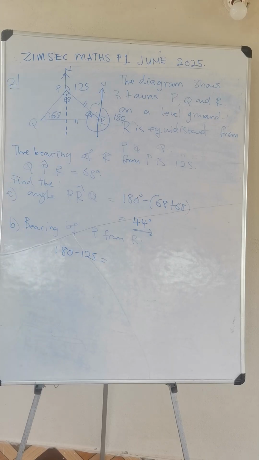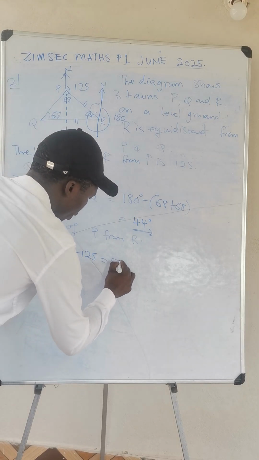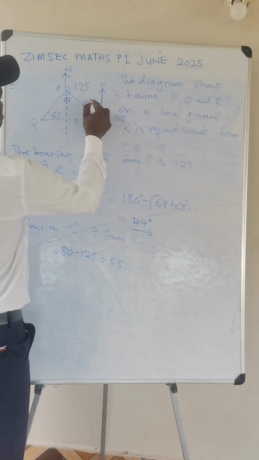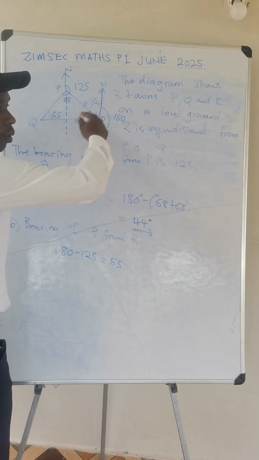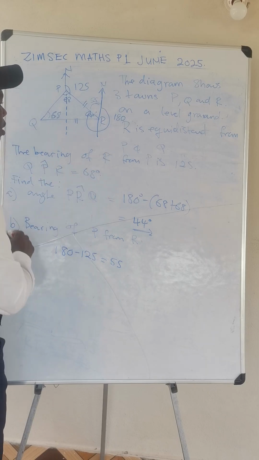What do we get? I always use the calculator so that I give you the correct answers. 180 minus 125, we get 55. So this is the angle for this one. But we all know that a complete revolution is made up of 360 degrees.